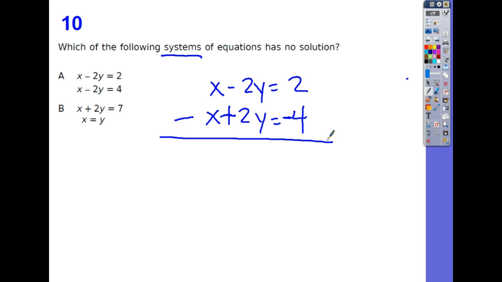What happens to my x's? What happens to the y's? Cancel. And so this all cancels out and makes a big fat 0. Can you solve that? No. That's why A is the answer choice. Can't solve it.